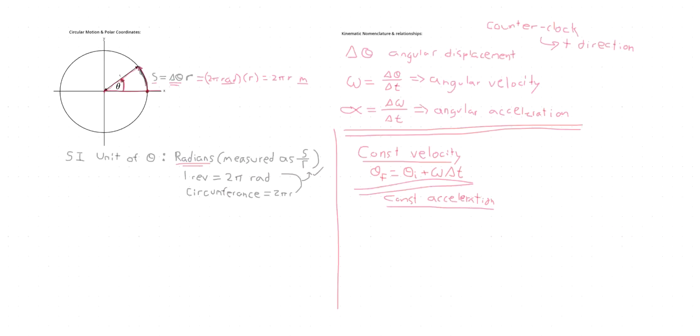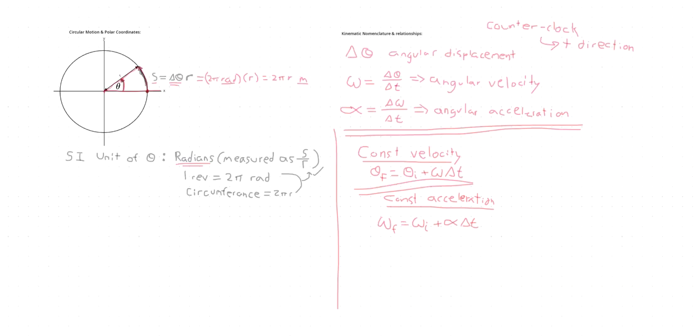One of them said that your final velocity, so that would now be a final angular velocity, will be equal to your initial angular velocity, plus whatever your constant acceleration is, that would now be a constant angular acceleration, alpha, times the amount of time that passes during which you have that constant acceleration.